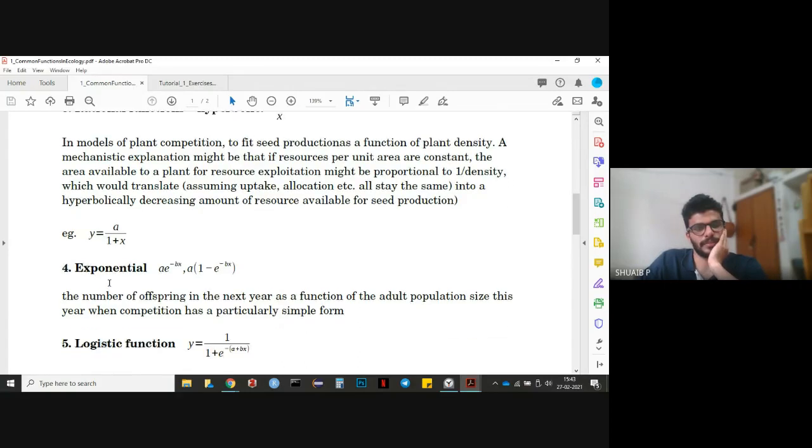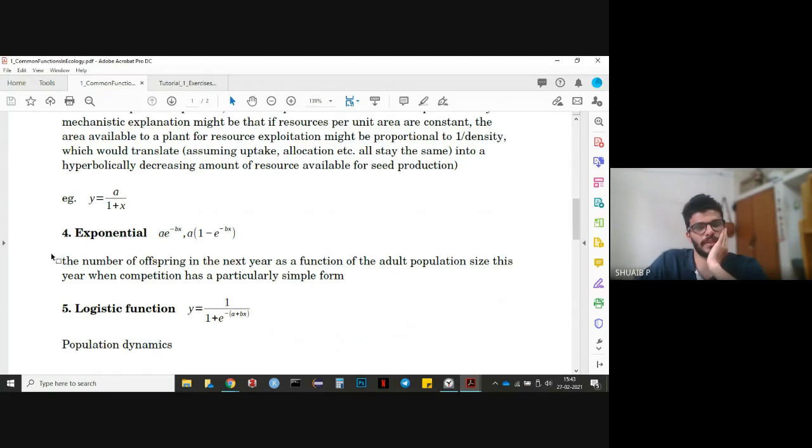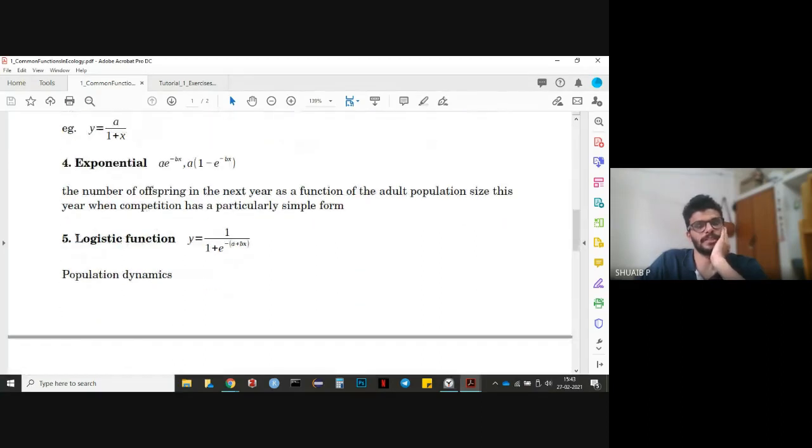So for growth of an organism, we can see it as exponentially growing or a logistic function. These things will be further explained in coming lectures, so I think it will be better for you to learn it from there.